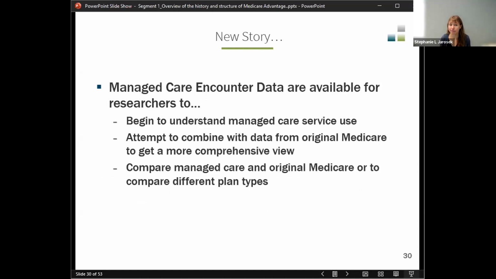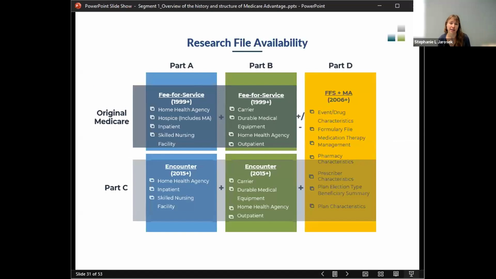But now we have Medicare managed care encounter data, and so we can look at how managed care beneficiaries are using different services. We can attempt to combine the data with fee-for-service data, original Medicare, to get a more comprehensive view. And we can compare managed care and original Medicare, or we could look at different plan types and how they compare to each other in terms of use.